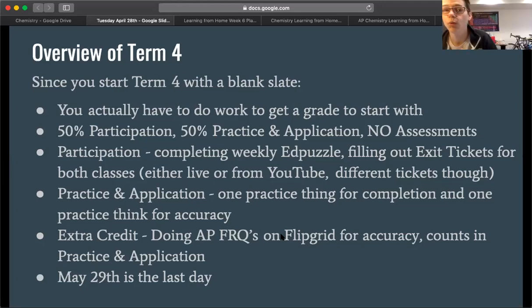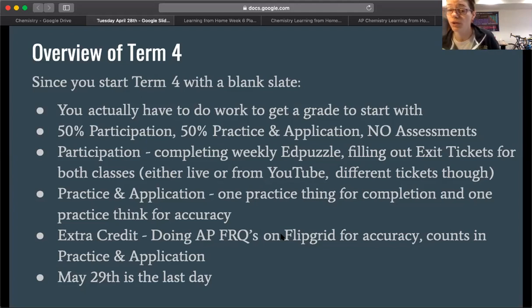I know what your grades for your 3 terms are. I know what the average of those 3 term grades is. If your term 4 grade is lower than that average, your term 4 grade will not bring down your average. If your term 4 grade is higher than the average of your 3 terms, then it will pull up your average.